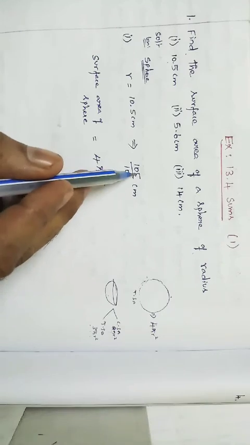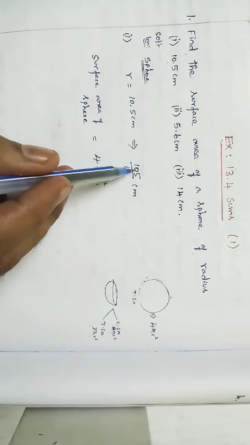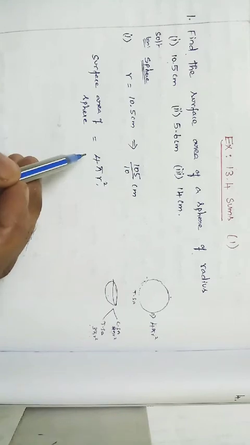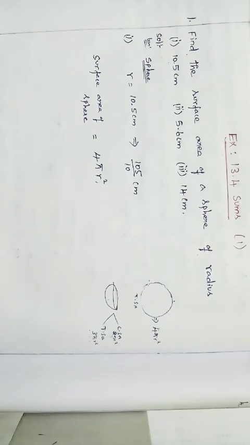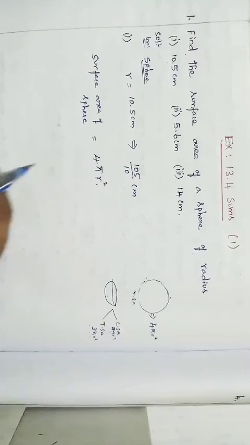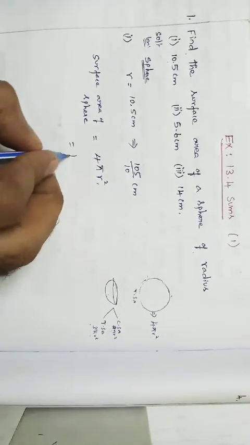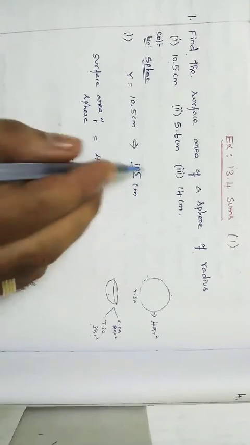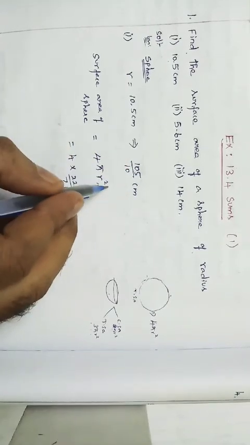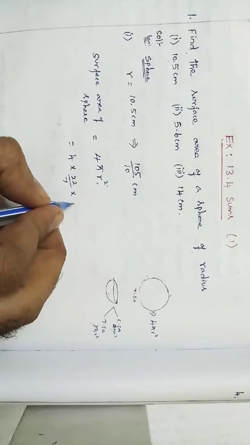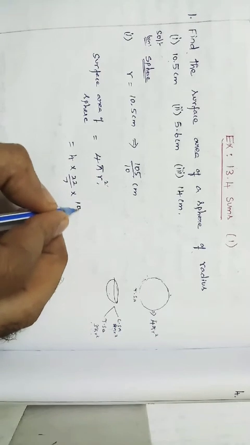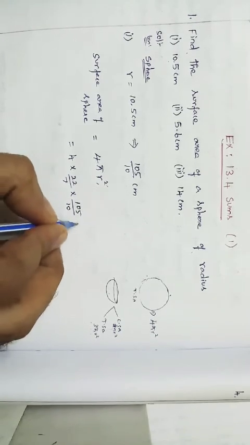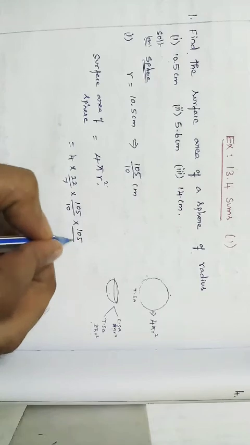Here the radius is a multiple of 7, so better to substitute pi equal to 22 by 7. So 4 into 22 by 7 into 105 by 10, r square, so we write it twice: 105 divided by 10 into 105 divided by 10.